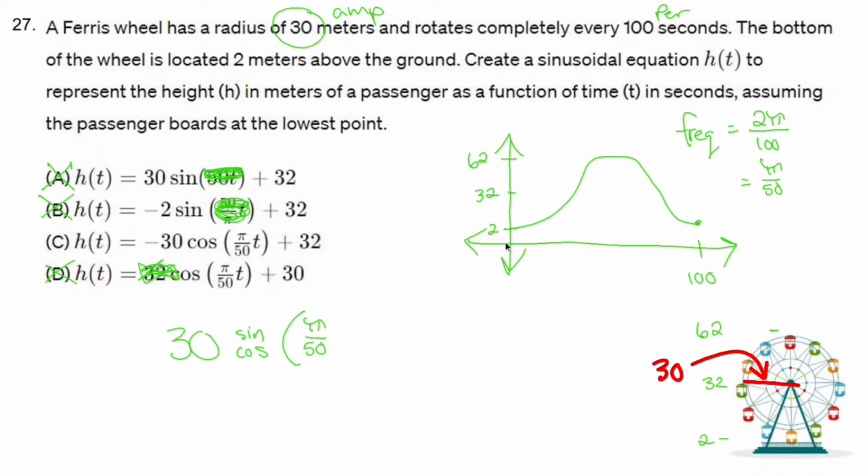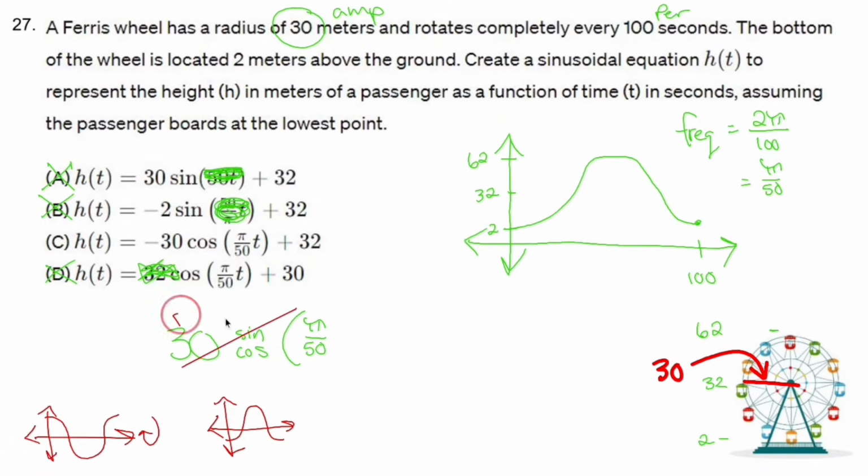Well, if you're thinking it's cosine, technically you're wrong. Cosine starts up at 1. If you make cosine negative, you flip it over the x-axis. So a negative cosine graph looks like this, which is what we have here. So we have a negative cosine graph.